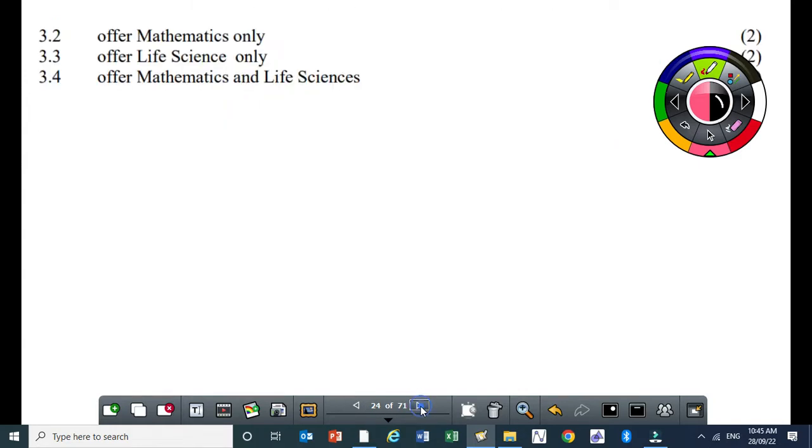So let's do the question on probability. Let's calculate the probabilities. So 3.2, the probability that Elena is doing maths only.